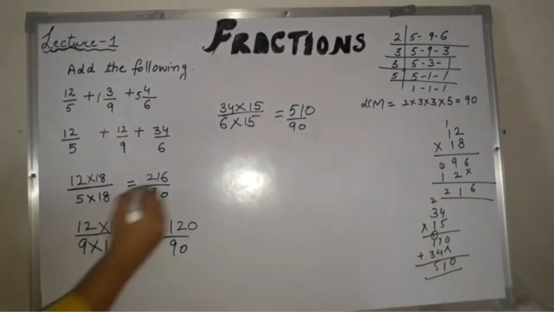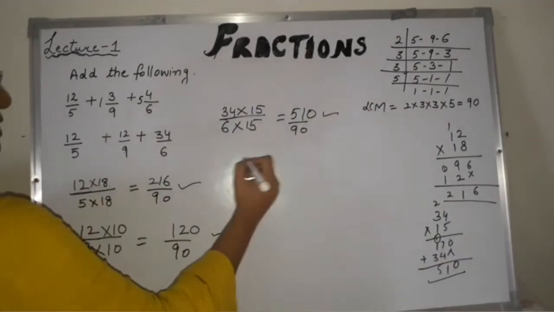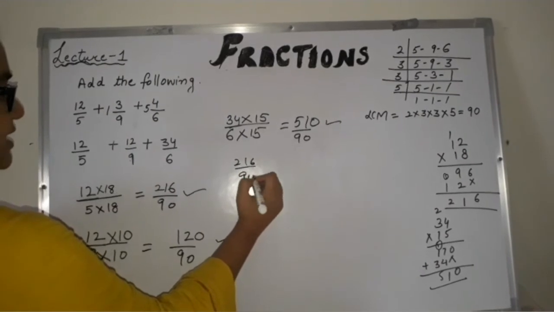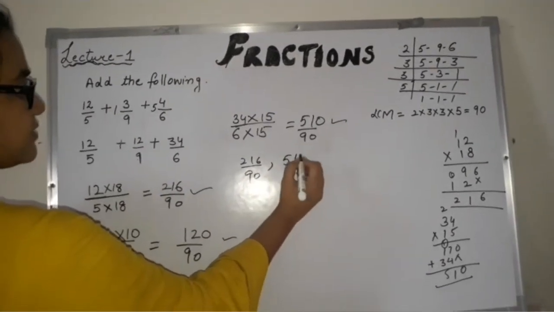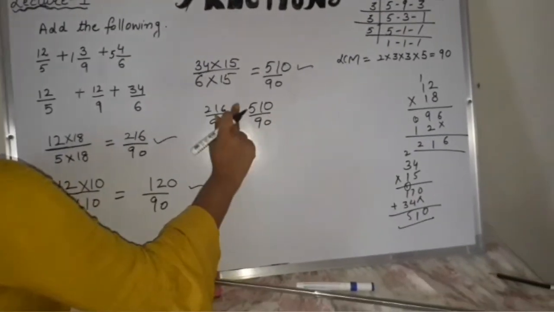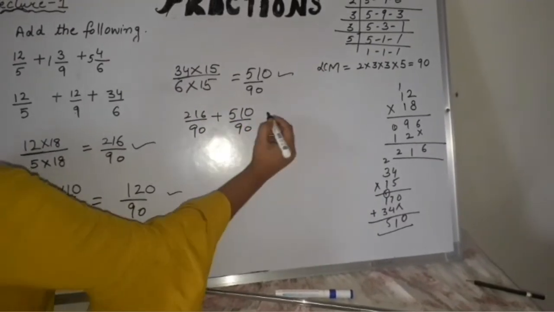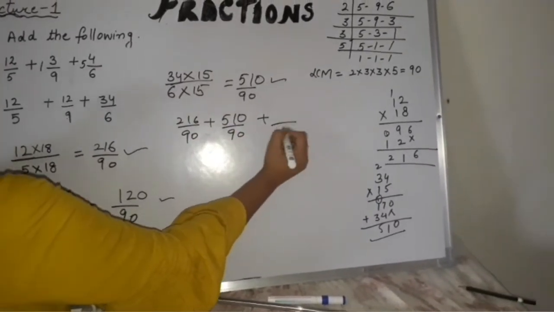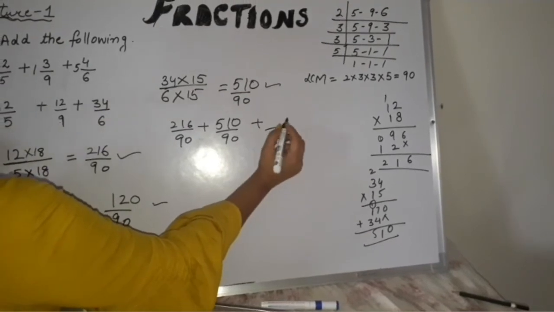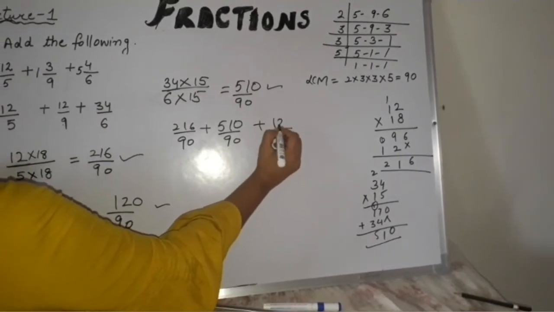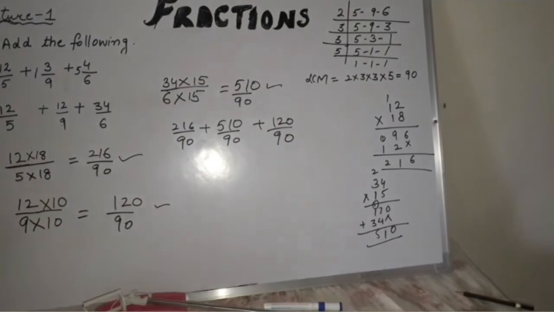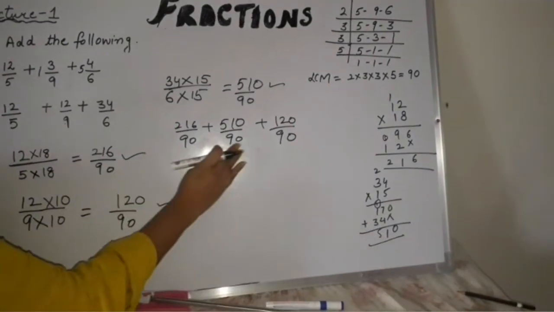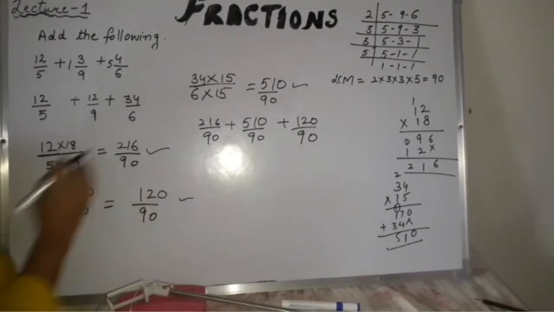Now I will get 3 terms: 216 upon 90, 120 upon 90, then 510 upon 90. I have to add them, so I will put the plus sign between them. Now I got the same denominators, and they become like fractions.